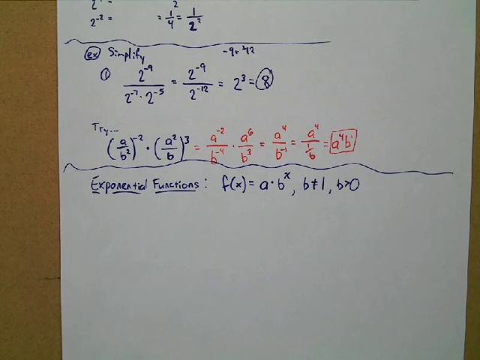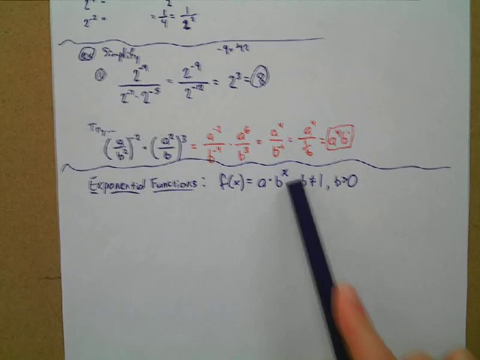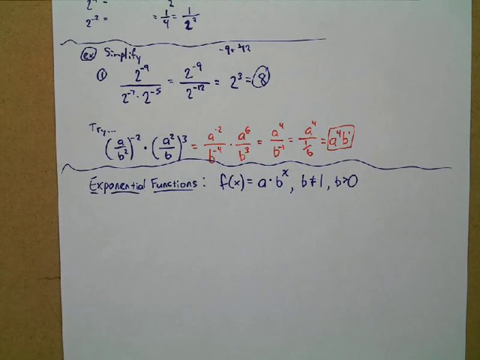But we also don't want b to be negative because that's going to really cause some issues. For example, if b were negative 1, imagine these x values could be any x value. So for example, we could have an x value of 1/2. And if we had a negative 1 for our b and we raised it to the 1/2 power, now we're talking imaginary, because negative 1 to the 1/2 is the square root of negative 1.